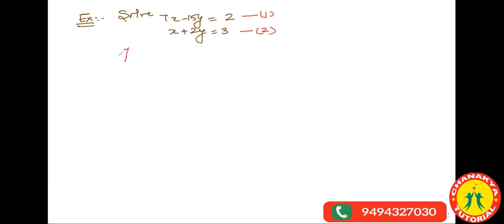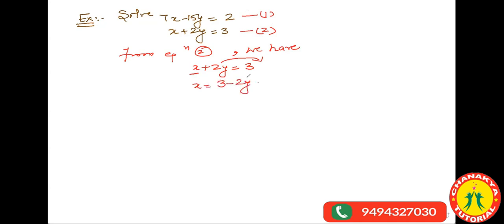So now from equation second, see here, equation second is x plus 2y is equal to 3. So beta, easily we can find the value of x by transposing this 2y to the right hand side. So it will be 3 minus 2y. Am I right, children?